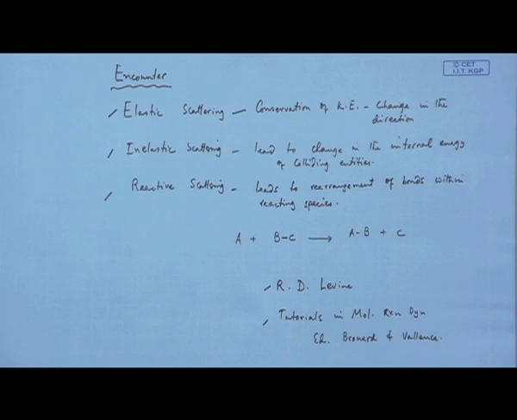We also talked about experimental requirements for selecting velocities. One is this effusive source we may have to use. In other cases it is a supersonic nozzle. With supersonic nozzle we can select different velocities using various carrier gases.